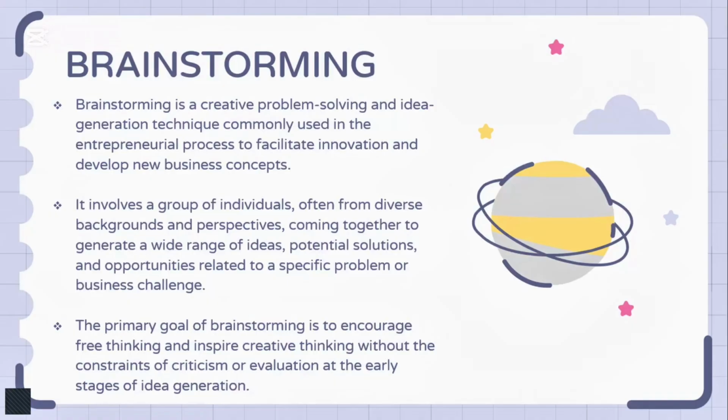What that allows is for that storming process to take place, for persons to just throw out ideas, right? Because the moment you start to criticize, persons may not want to throw out more ideas. There must be somebody trying to record all of these ideas, so that they can be evaluated later on.